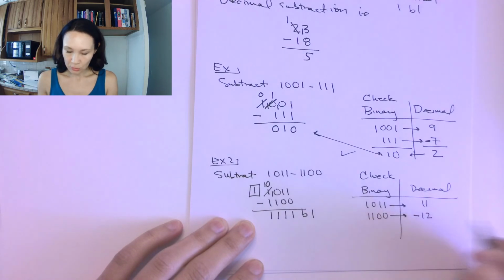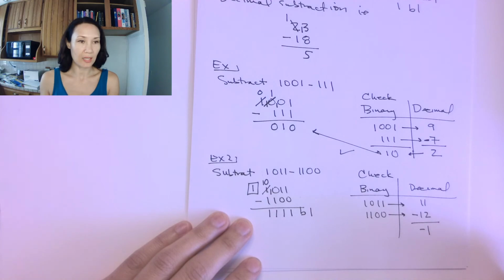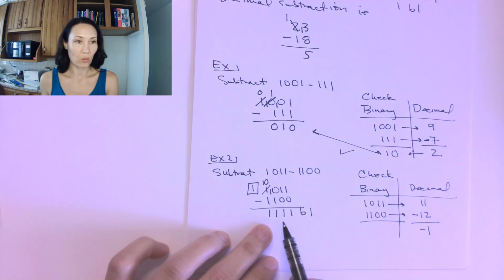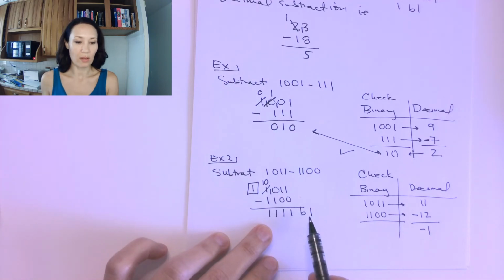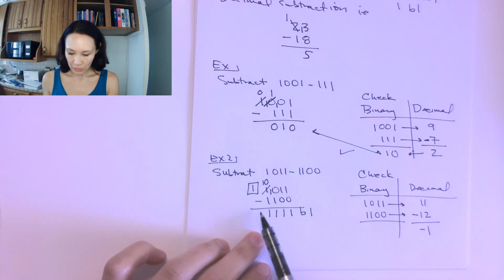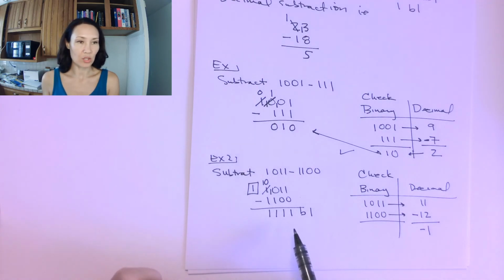And then if I subtract these numbers in decimal, I would expect the answer to be -1. The answer I got in binary was 1111 with a borrow of 1. It turns out that this is actually -1 under the 2's complement representation of a negative number.